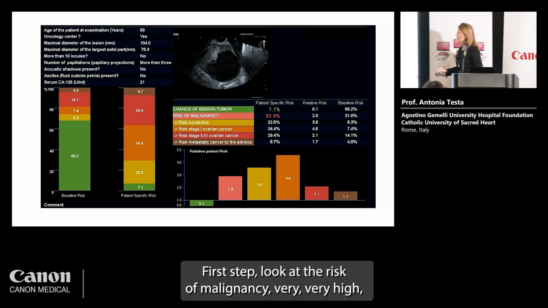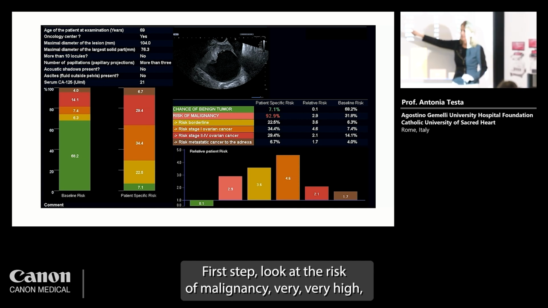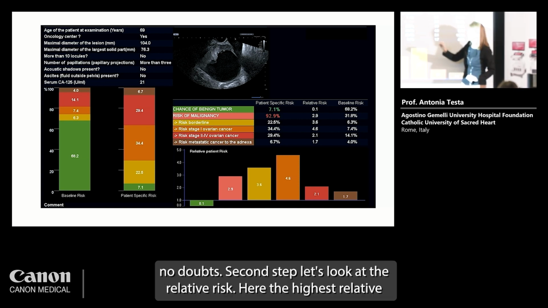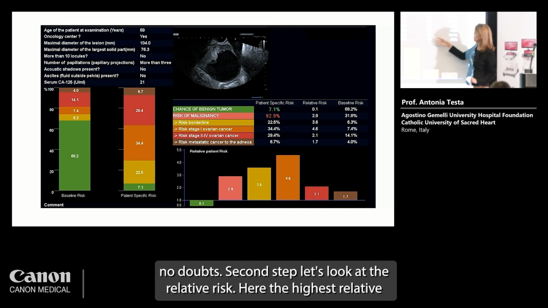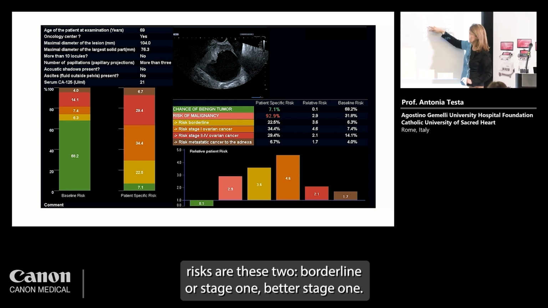First step, look at the risk of malignancy. Very, very high. No doubts. Second step, let's look at the relative risk. Here, the highest relative risks are these two, borderline or stage 1, better stage 1.